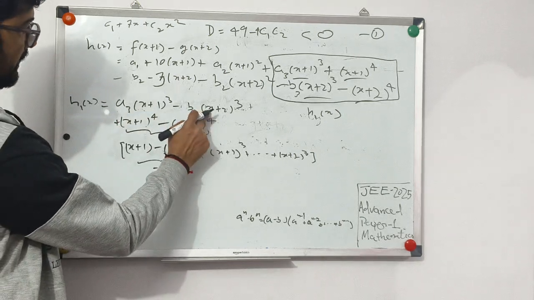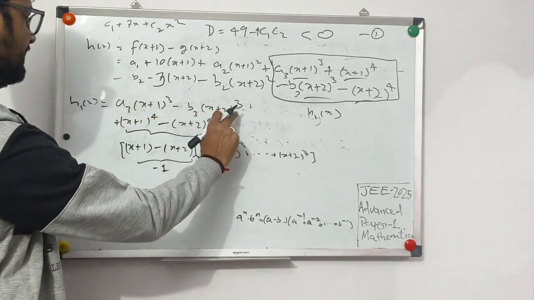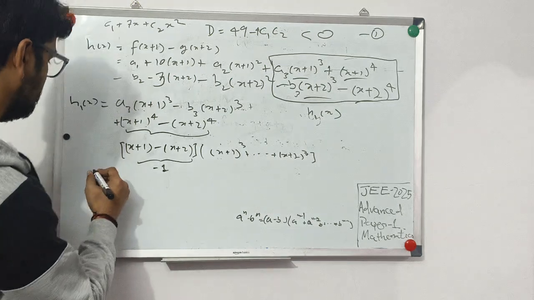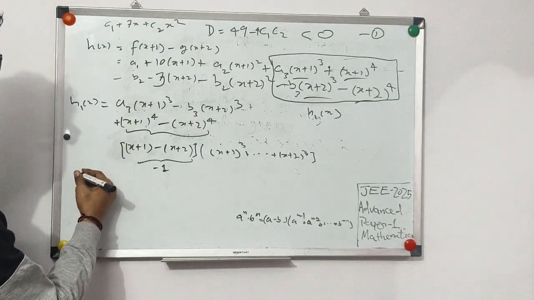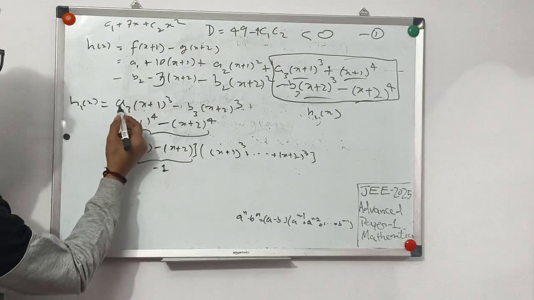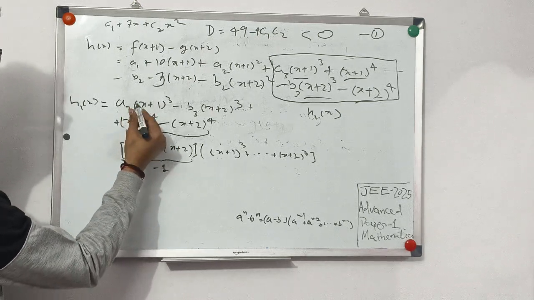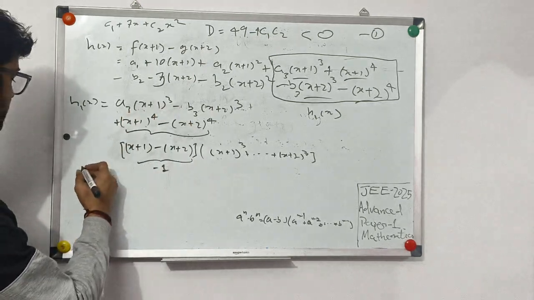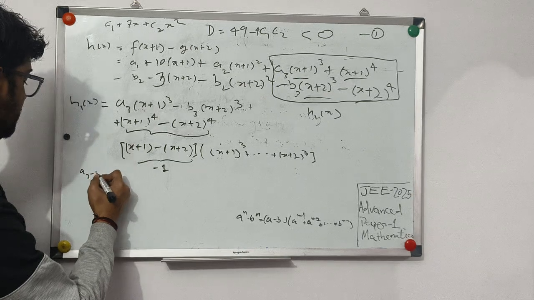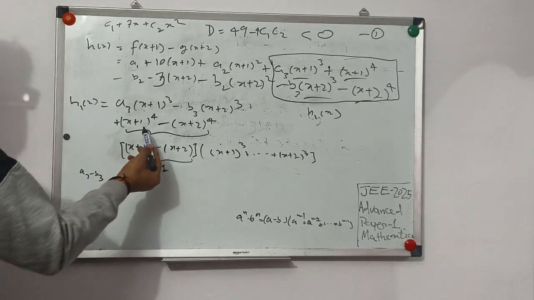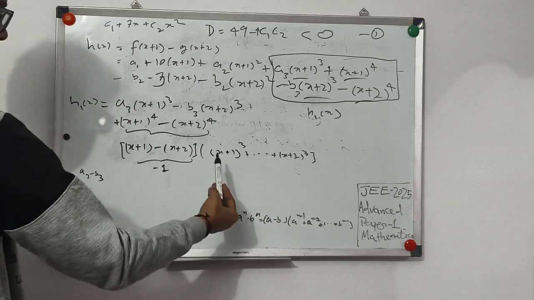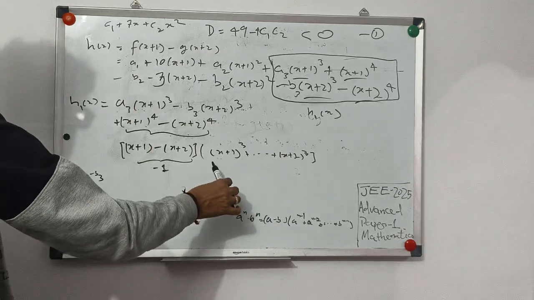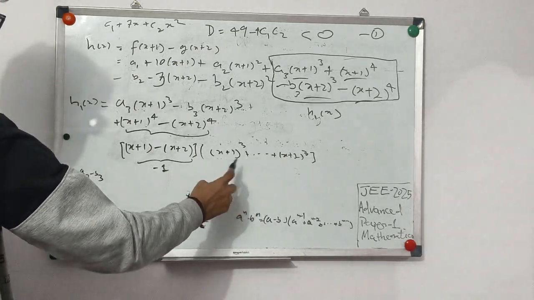The same here if we write it using binomial expansion. So the terms we get with x raised to power 3, we get a3 minus b3, and the coefficient of x cube in this term will be... how many terms are there?